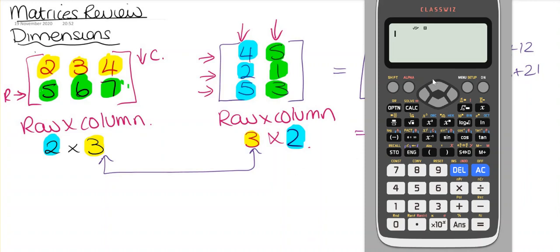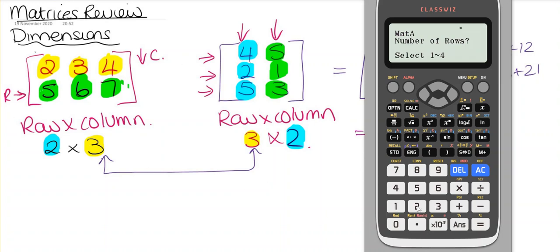Okay, so I have a calculator here. So we're going to just have a look at what we can do. So we've got menu and then option 4. This is to define a matrix. So I'm going to define a matrix, matrix 1. So number of rows. So we've got a 2 by 3.